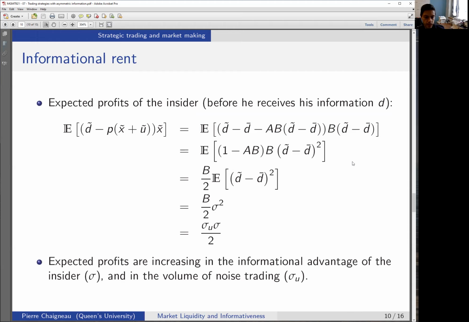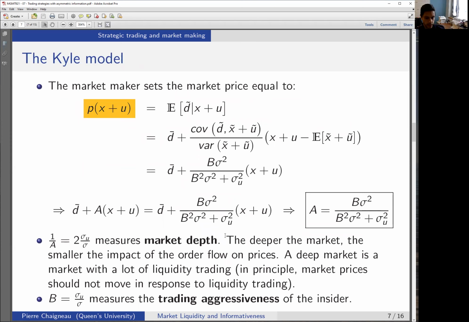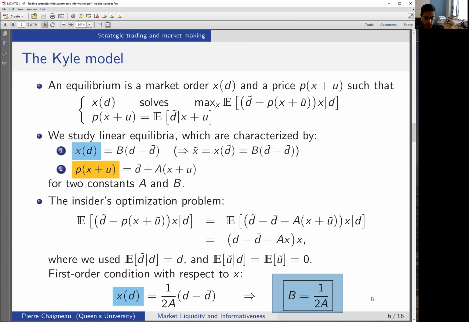Okay, so what do we have? So we can rewrite this expression. So we're going to have d tilde minus d bar here and there, and here as well, where it's going to multiply this. So here I'm just rearranging and I'm getting this expression. Next, I'm going to use the relation between A and B here.